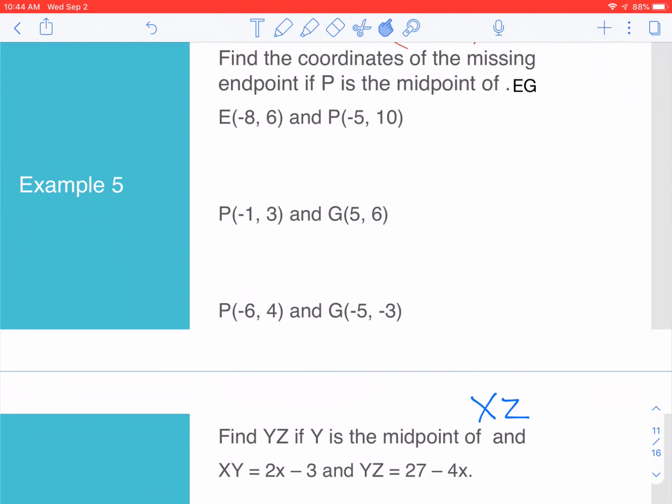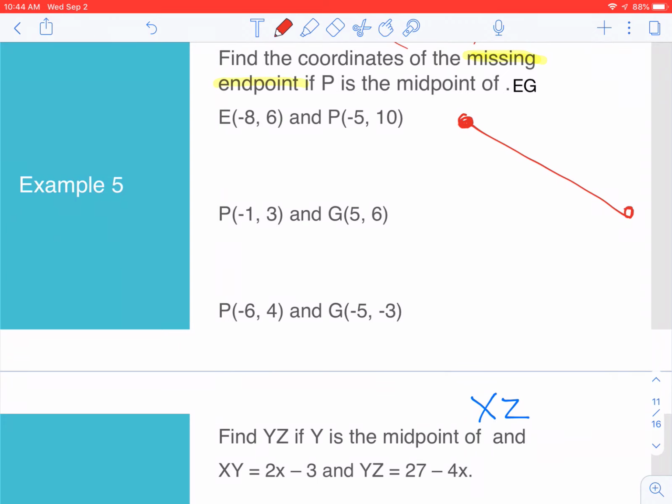Now we have a new type of problem, and I call it the missing endpoint problem. There's a specific way to set up the missing endpoint, and here's how we're going to do it. I'm just going to draw a quick picture here.